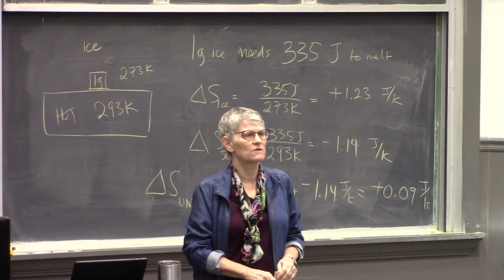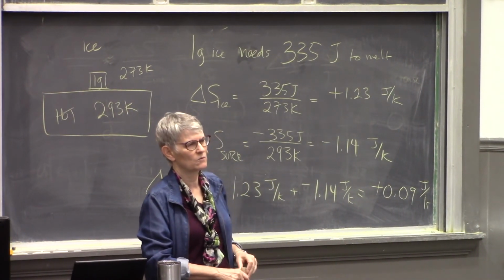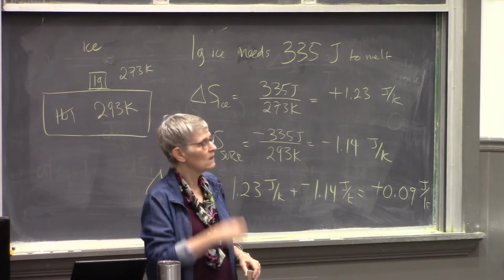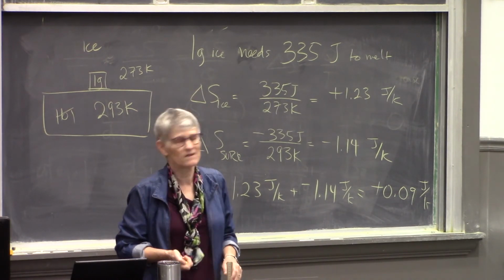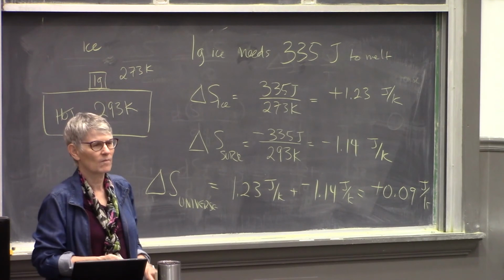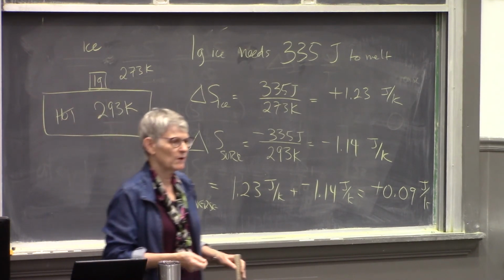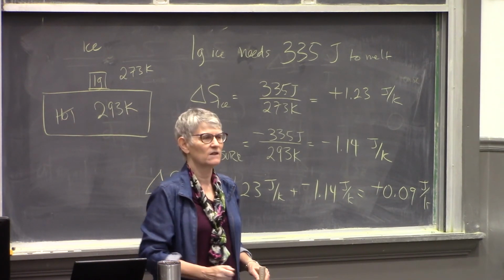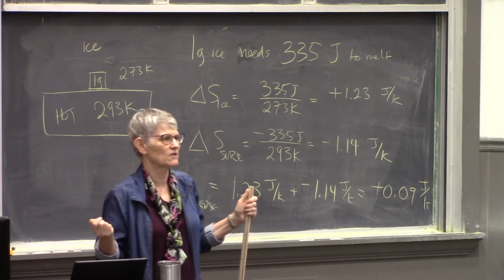And the really interesting thing about this, which I hope we'll see this afternoon, is that it's not a constant. So people thought for a long time, until around 1911, that heat capacity was just a constant.